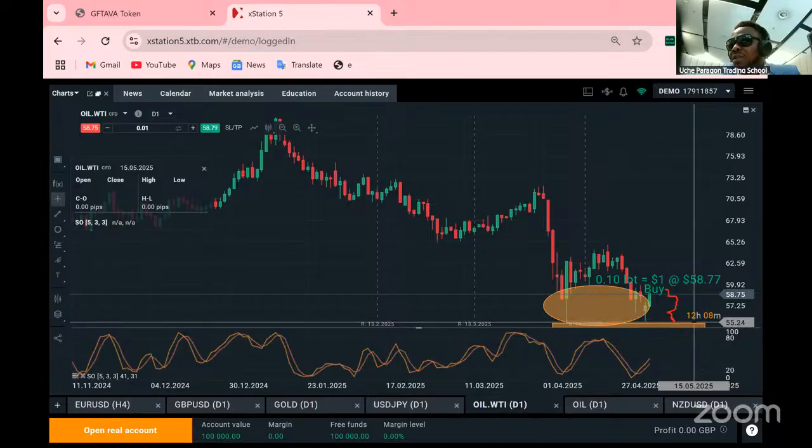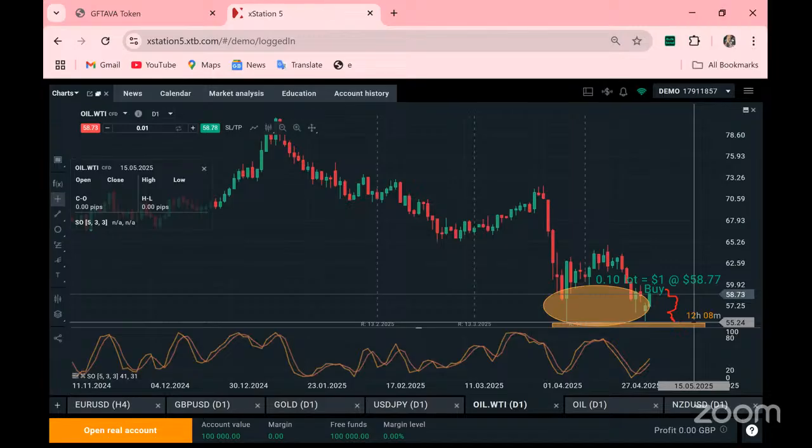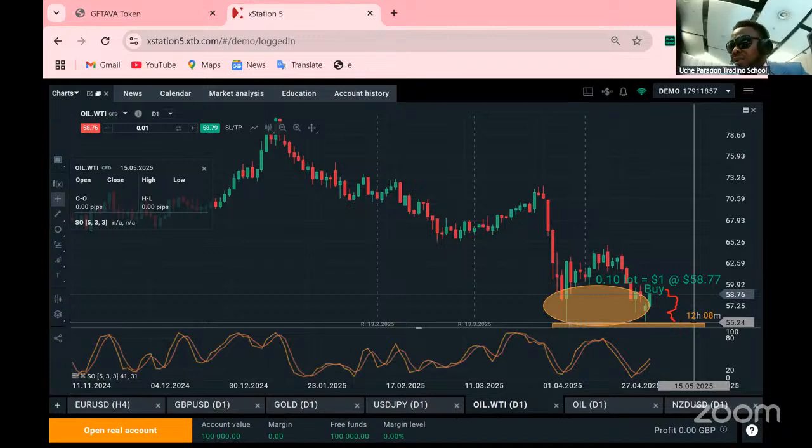Can you calculate how many pips? Yeah, it has gone negative. 0.1 lot size on oil, I think it should be $580. No, I said pips. If you place a buy at 58.77, and the market came down to 55.24, can you calculate how many pips on negative?